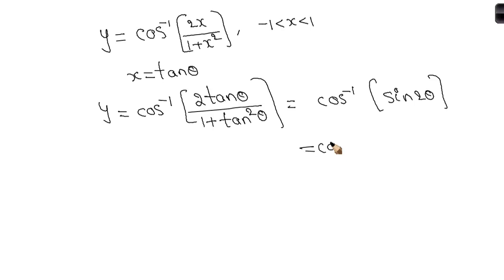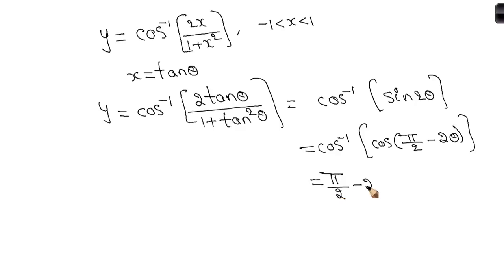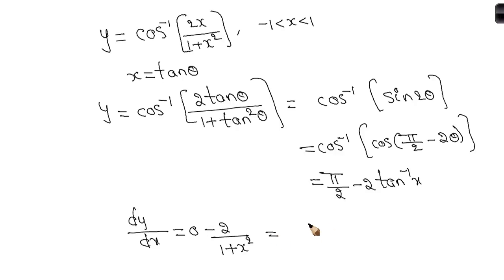That is cos inverse of cos of (pi by 2 minus 2 theta), which would be pi by 2 minus 2 tan inverse of x. So dy by dx is 0 minus 2 by 1 plus x square, so that would give me minus 2 by 1 plus x square as the answer.